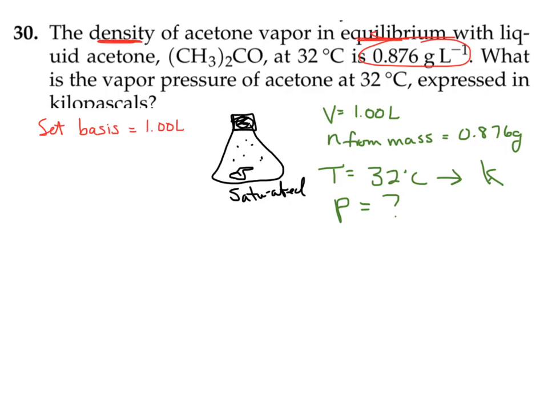So we've done this before in Chem 1. You go ahead and set as your basis 1.00 liters. The reason being that now you know the mass, basically lifting that off the physical property. So you somewhat arbitrarily set that volume. So now you have a volume, now you have a mass, 0.876 grams of acetone vapor.